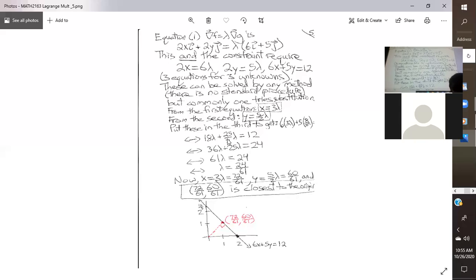And now that equation, if you multiply by 2 to get rid of the fractions, you have 36 lambda plus 25 lambda equals 24. You can add those and get 61 lambda equals 24. Evidently lambda is 24 over 61.